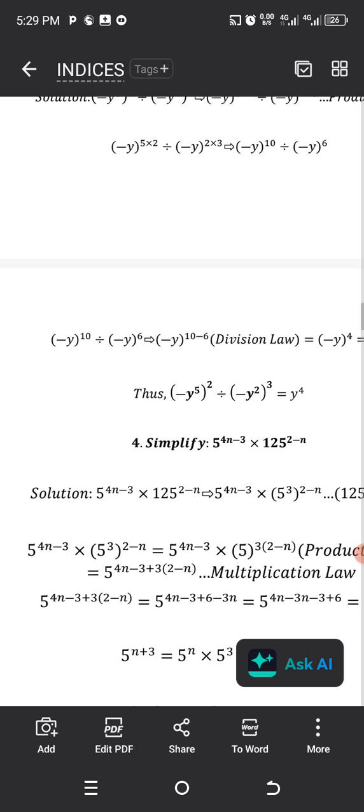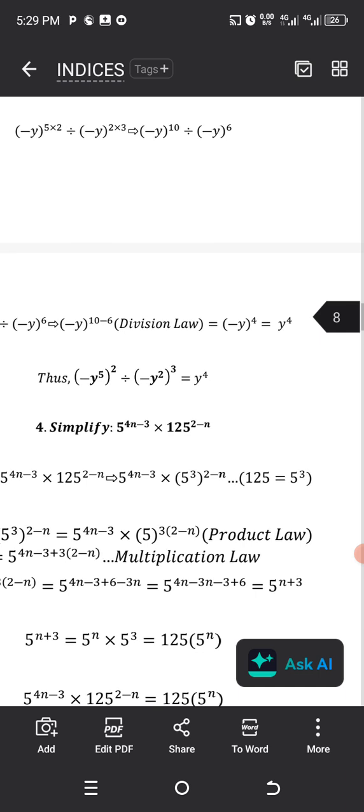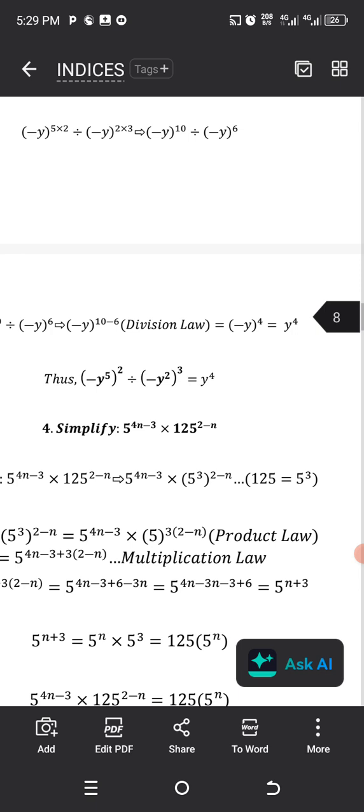Applying the division law, that is minus y inside parentheses, everything raised to power 10 minus 6. So eventually we have minus y inside parentheses, everything raised to power 4, which is y raised to power 4. So that is the answer there.